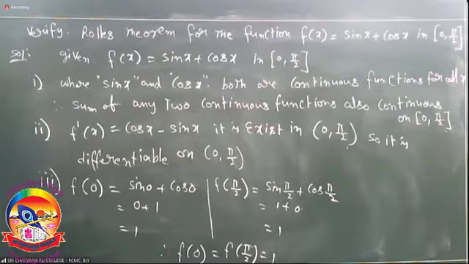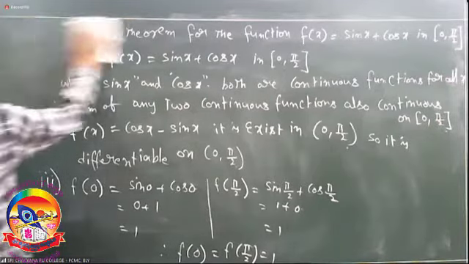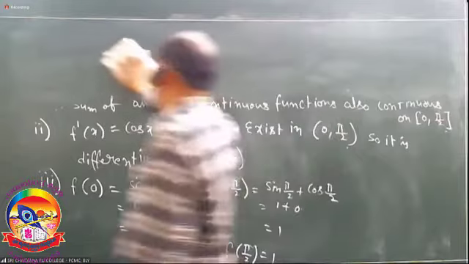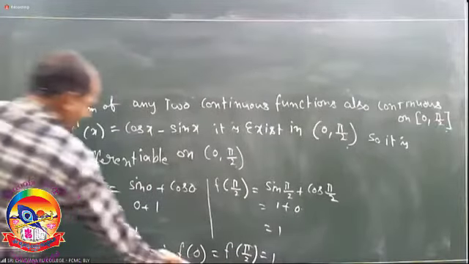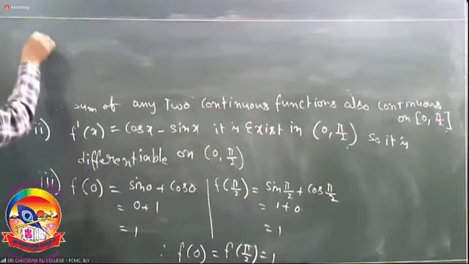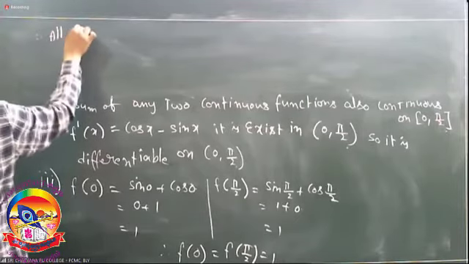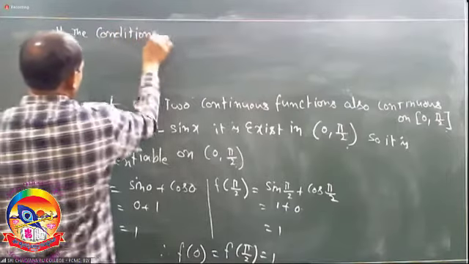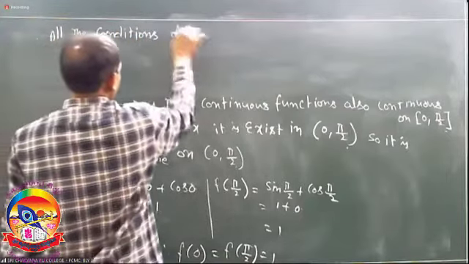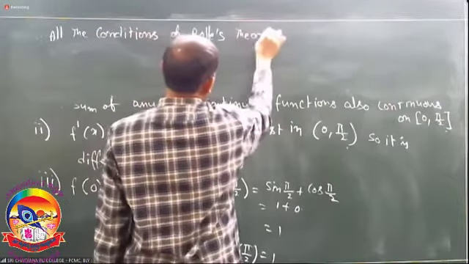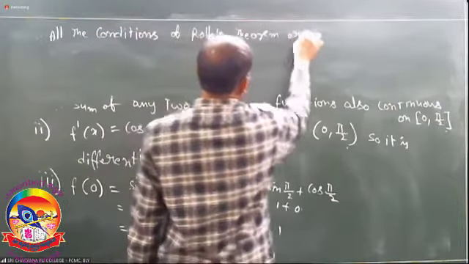Right. Next, continuation. Here f of 0 is equal to f of pi by 2, that is 1. Therefore, all the conditions of Rolle's theorem are verified.